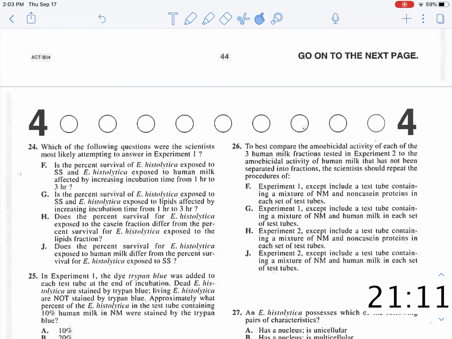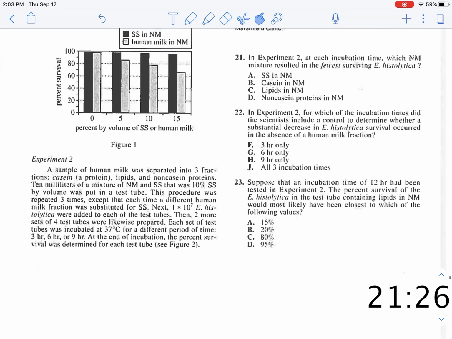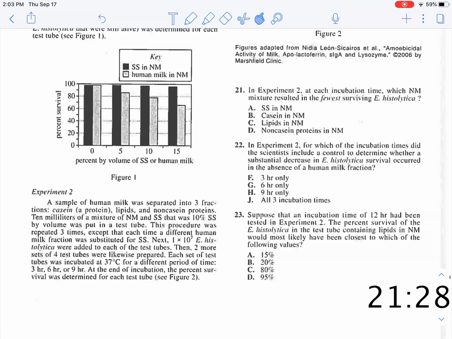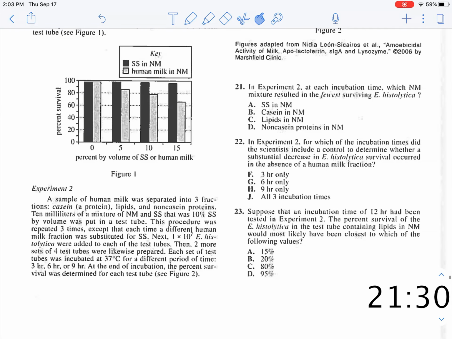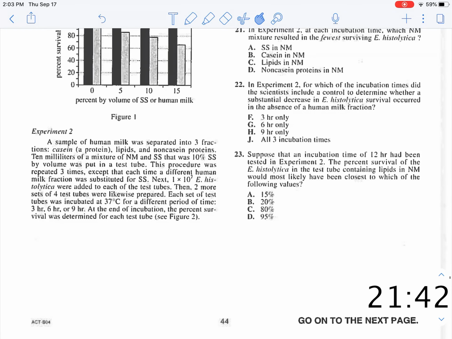Oh, I guess it's J. Except include a test tube containing a mixture. Great. My brain is already fried. Is that all of them? No, 23. Suppose that an incubation time of 12 hours had been used. Percent survival, lipids. It's basically the 80%. Cool. Percent survival. Yes.